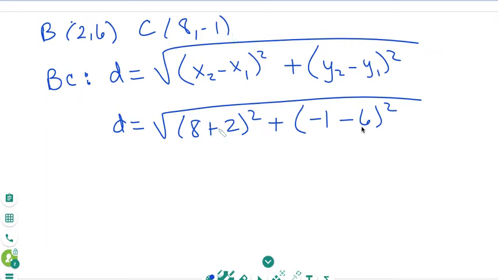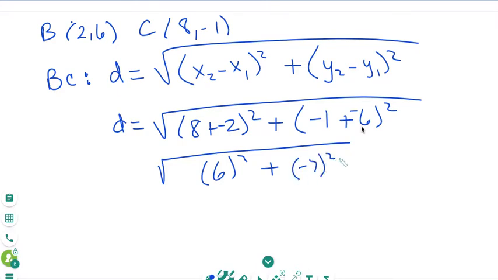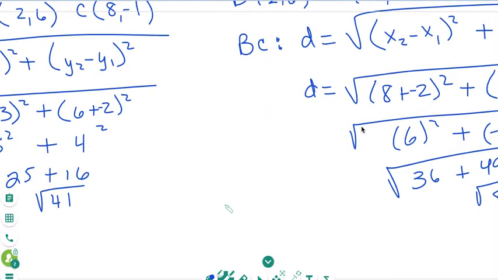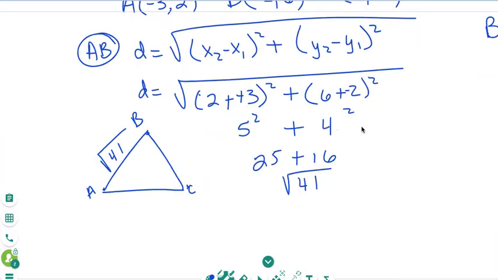Keep change, keep change. So we're going to have the square root of 6 squared plus negative 7 squared, which is going to be 36 plus 49. Square root of that, and the square root is 85. So BC is the square root of 85.